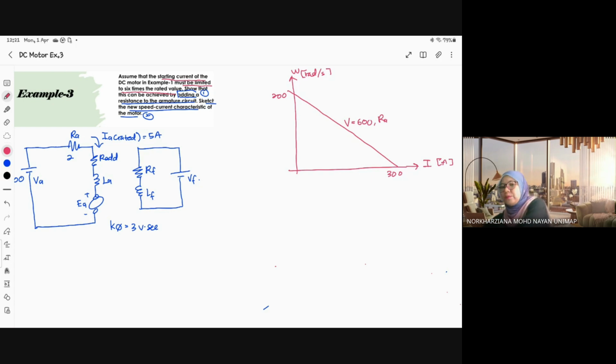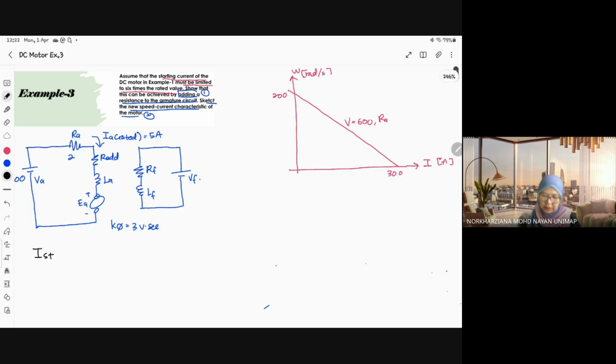So that you are not confused, your new starting current, I starting current, must be limited to 6 times the rated value.